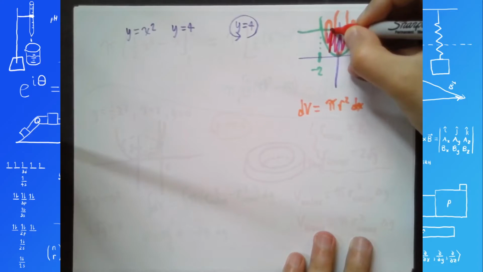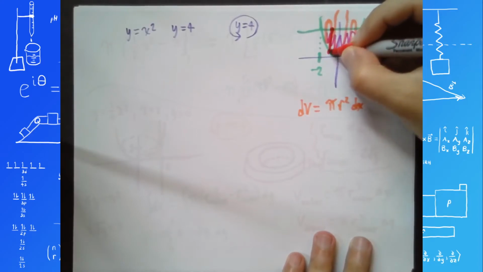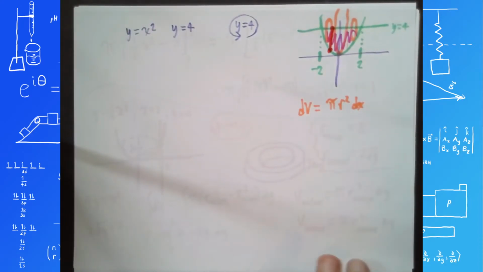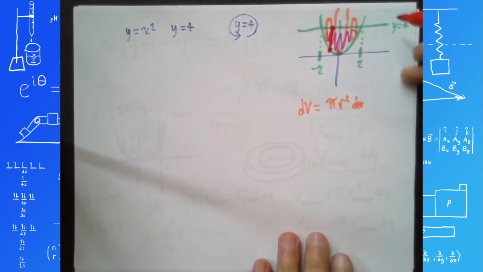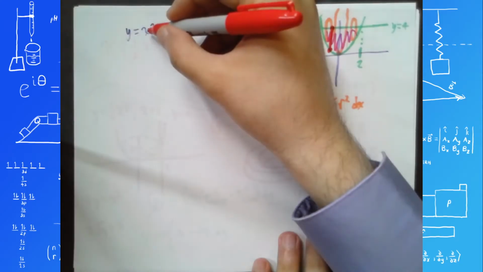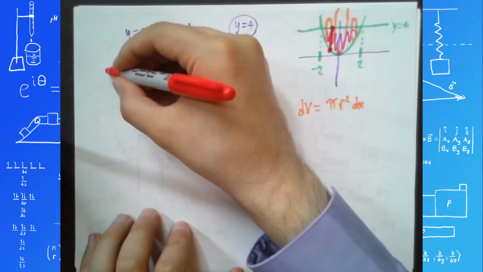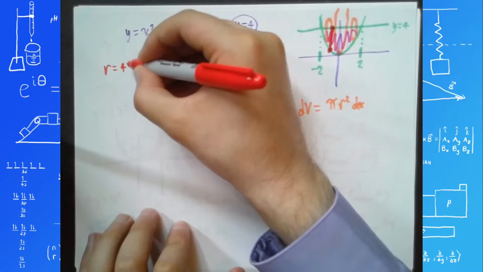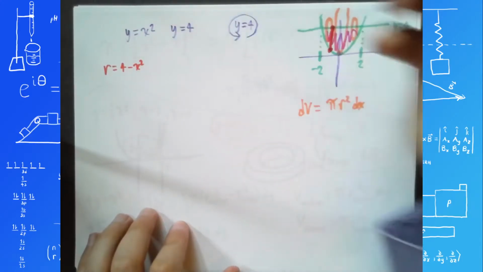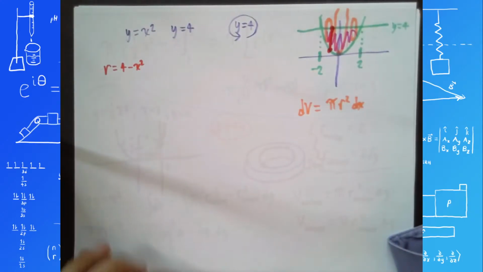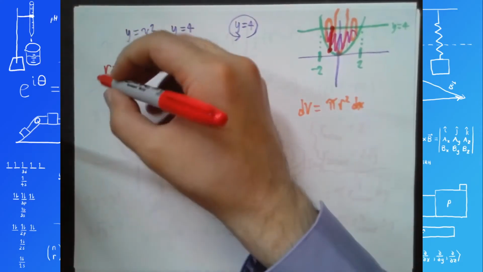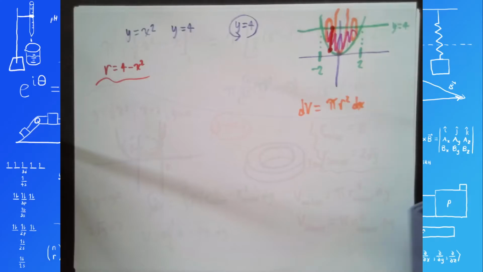All I have to do is calculate the y-coordinate of the top minus the y-coordinate of the bottom. So it's top curve minus bottom curve: 4 minus x squared. Okay, so radius is equal to 4 minus x squared. Whatever the x is, I can calculate the radius for that particular x. And the rest is history.